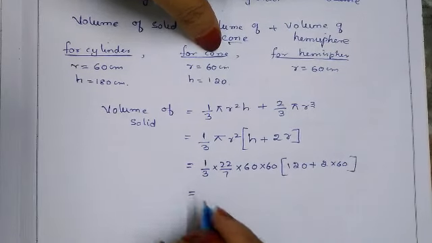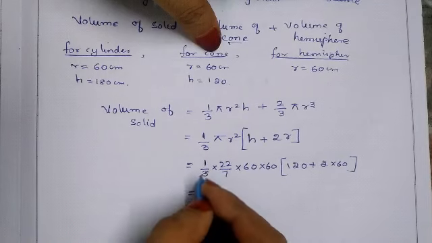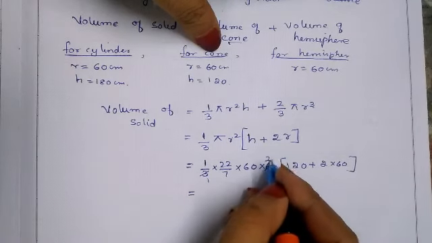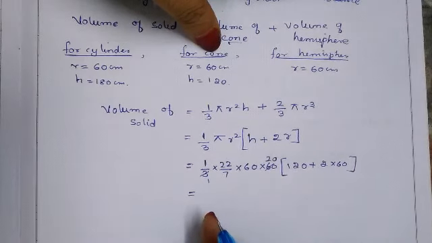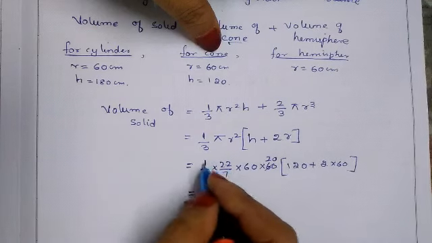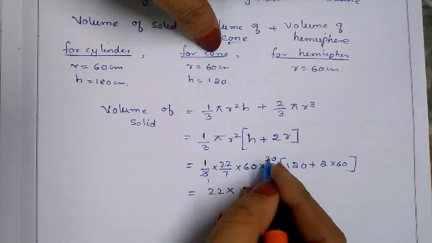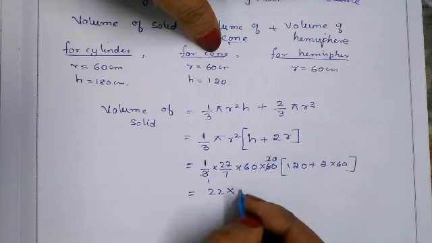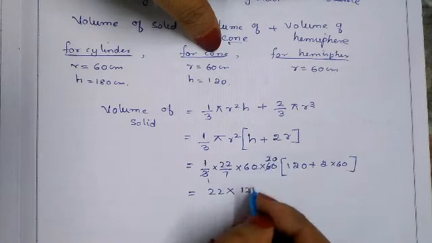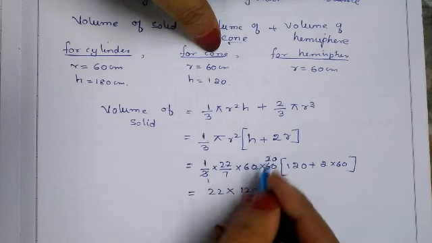Okay. Now here we can see, we can cut 3 ones are 3, 3 twos are 6, 60. So here 22 ones are 22 into 60 twos, 6 twos are 12, 2 zeros, 0 into 0 is double 0, it is 6 twos are 12.